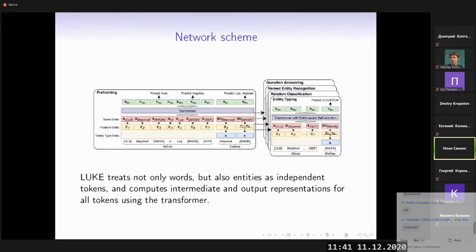When we talk about entities which are longer than one word, we just, well, okay, how to describe it.